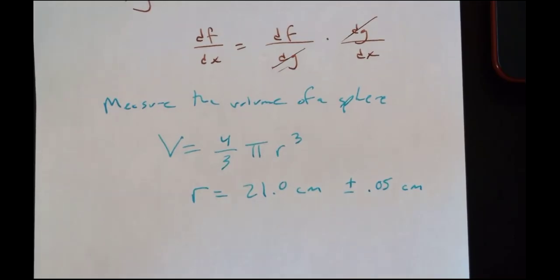So here's my question. What possible error propagation occurs when I go to calculate my volume? How far off can my volume be based on this error in my radius? How am I supposed to know that?